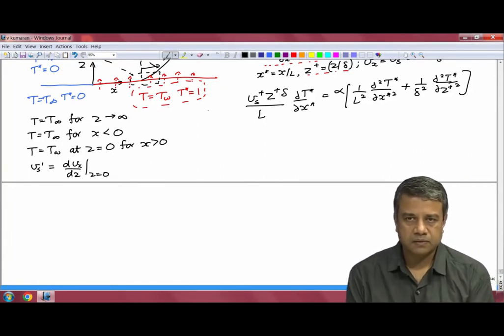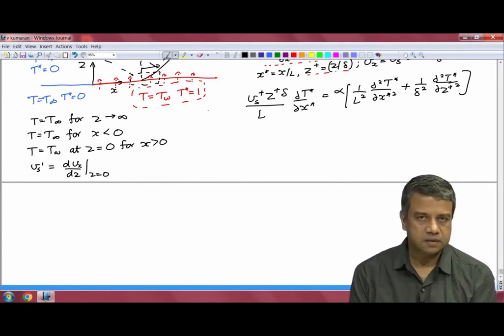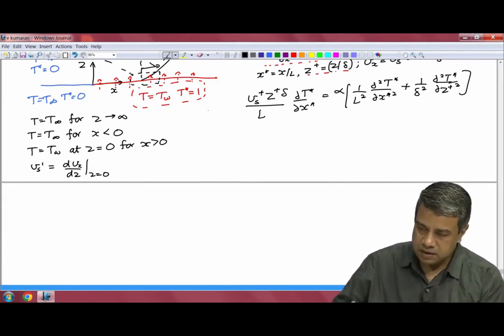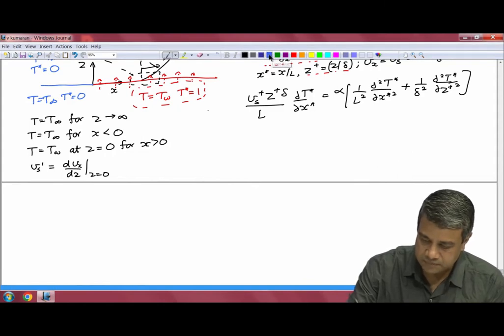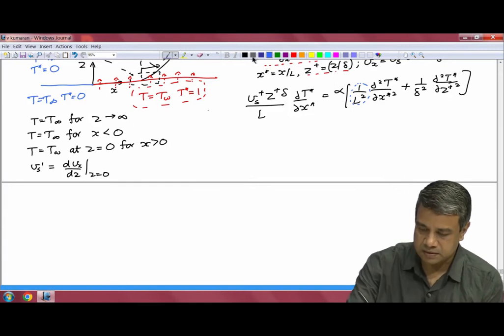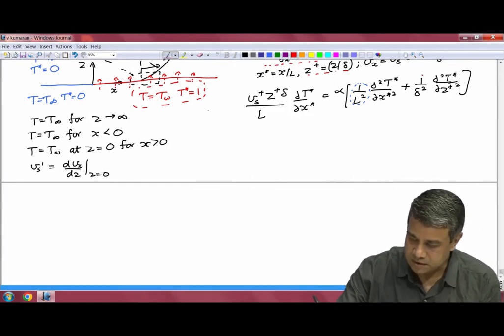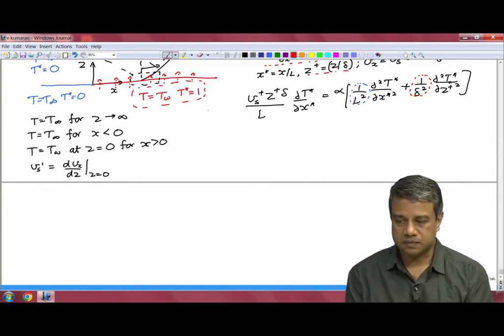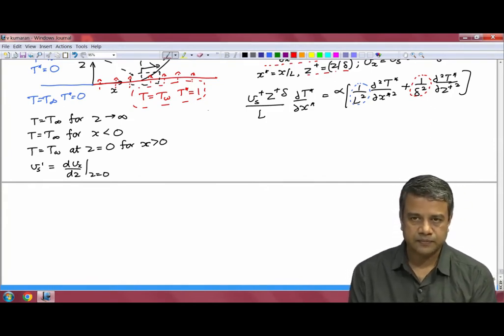And I divide throughout by the prefactor of the largest term on the right. Note that the streamwise diffusion term is multiplied by 1 over L square. The cross stream diffusion term is multiplied by 1 over delta square.